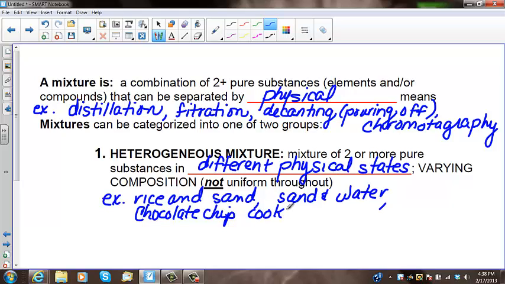Remember, we're not always guaranteed to get the same number of chips in each spoon, so it's not uniform throughout.